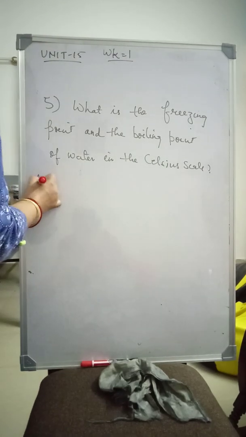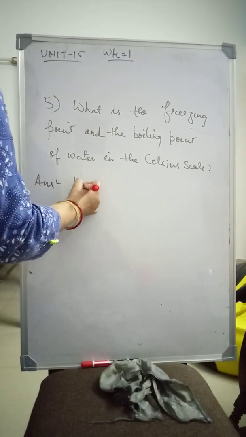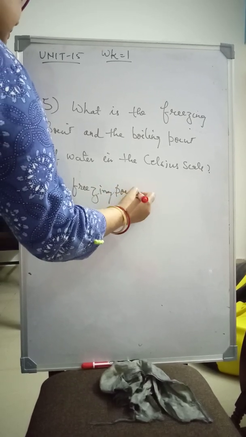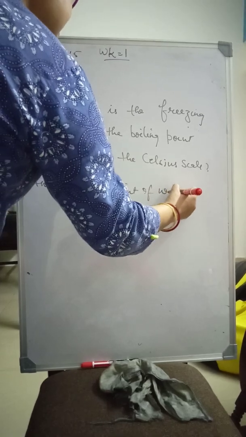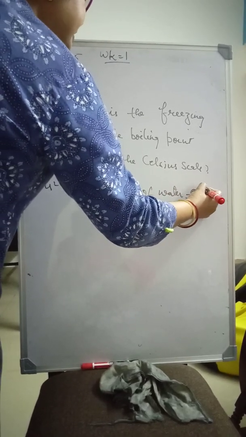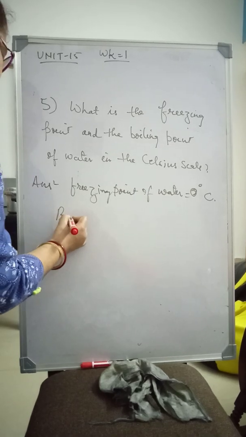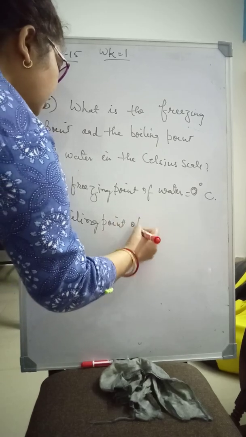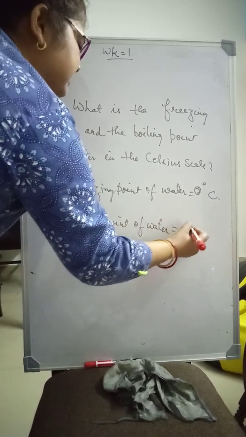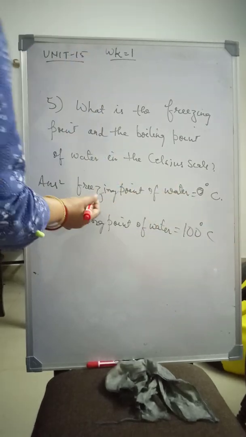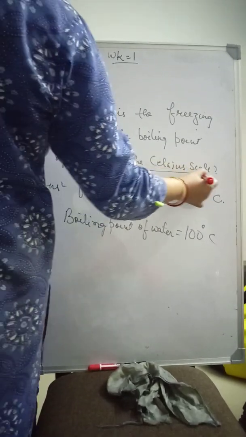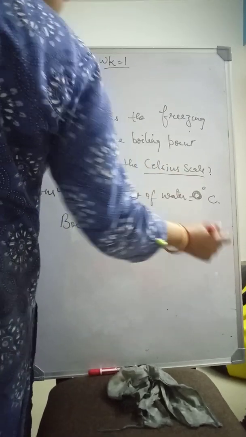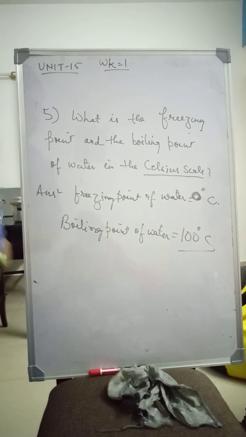Here the freezing point of water in Celsius scale is 0 degree centigrade, and the boiling point of water in Celsius scale is 100 degree centigrade. Now let us go to the next question.